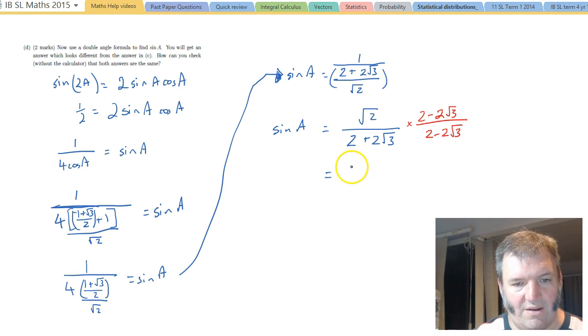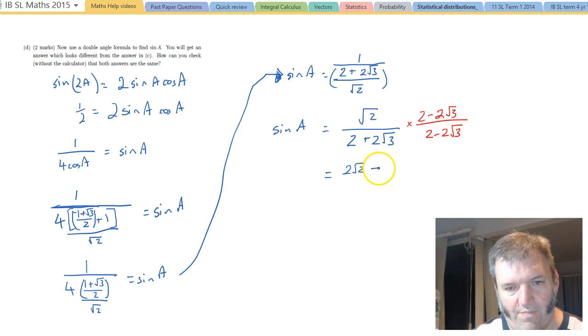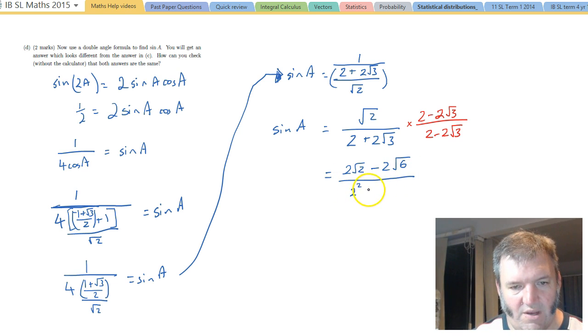Let's see what we get then. I'm going to get 2 root 2 minus 2 root 6, and on the bottom I'm going to have 2 squared minus 2 root 3 squared. So 2 root 2 minus 2 root 6, well, let's put the 2 out the front, and I'm going to have root 2 take root 6.